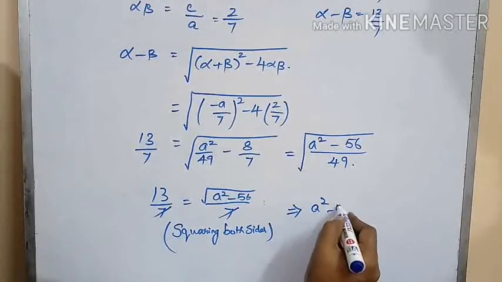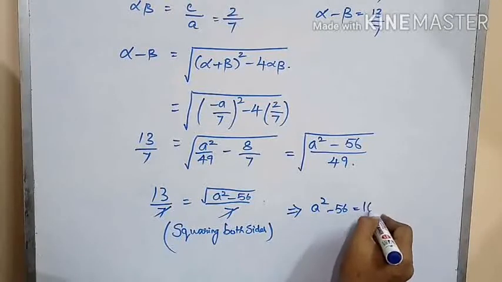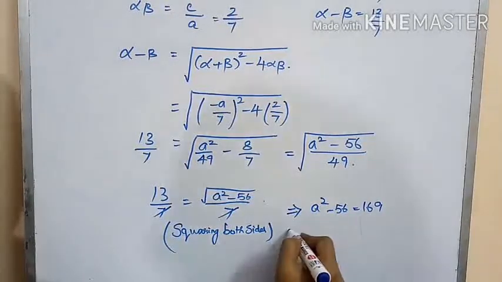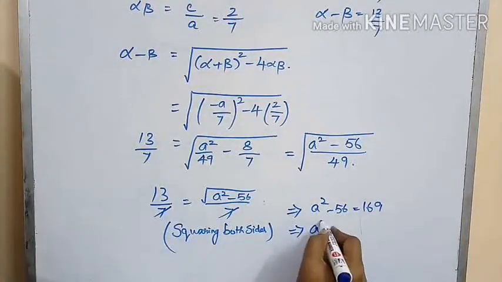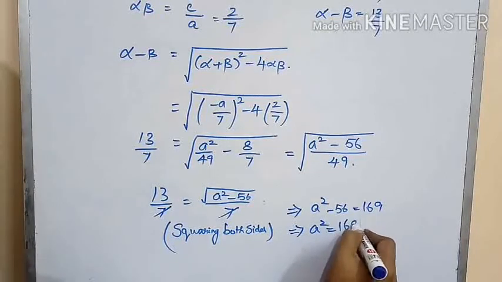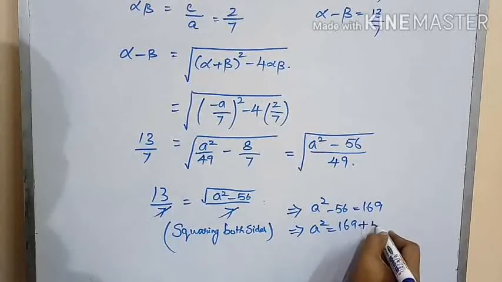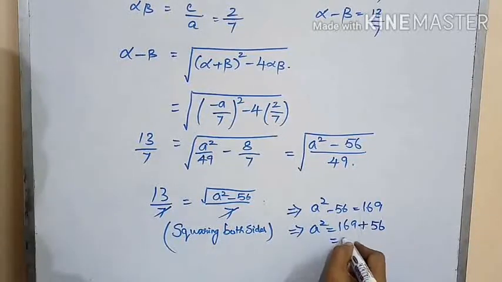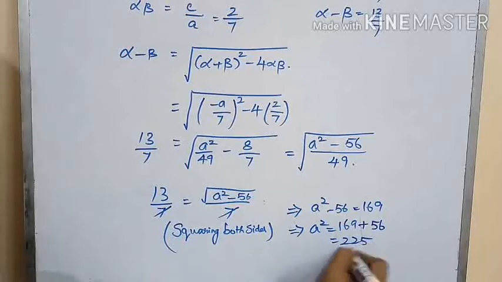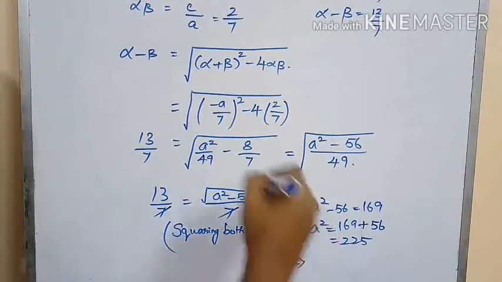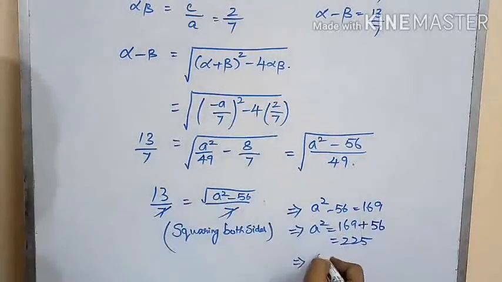After all simplifications and squaring both sides, we get a squared minus 56 is equal to 169, which implies a squared is equal to 169 plus 56, which is 225. Therefore, a is equal to plus or minus 15.